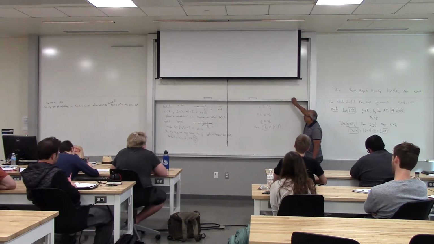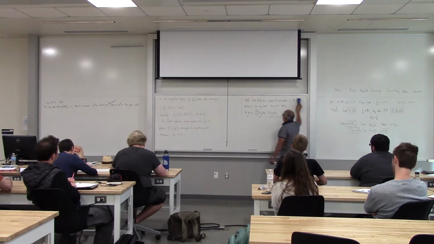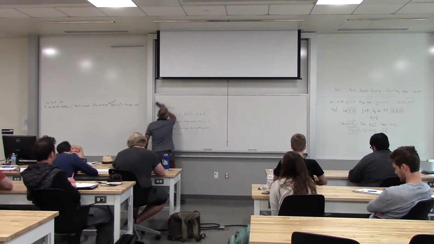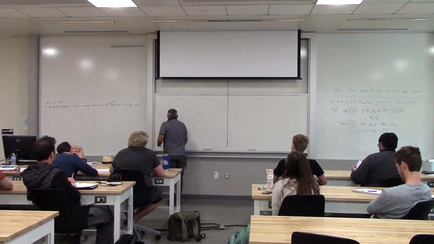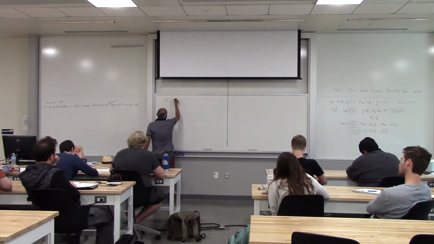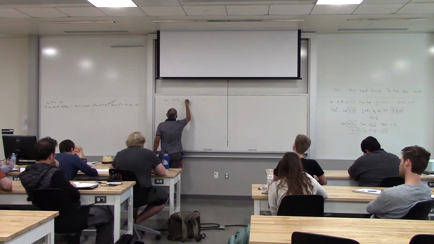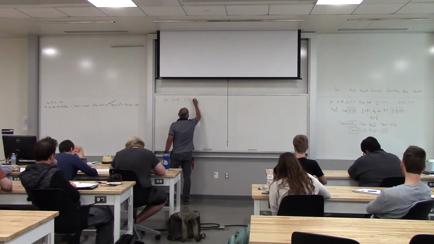Alright, so here is one example. Let X be the real numbers, and let's take a look at tau equals just a slightly different topology, about the empty set and the real numbers.